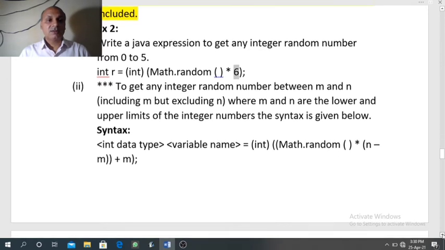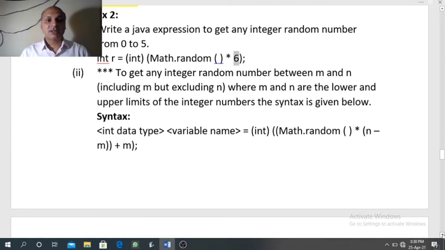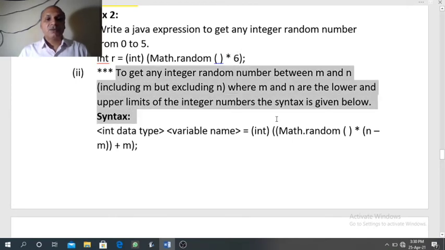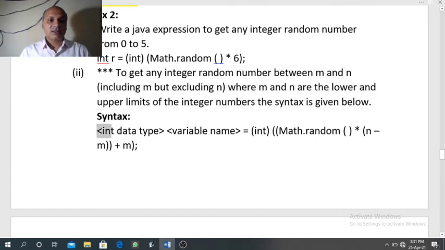Now the third variation of the same function. If we want to control the lower limit and the upper limit also, that is, to get any integer random number between m and n, including m but excluding n, then we follow this syntax.